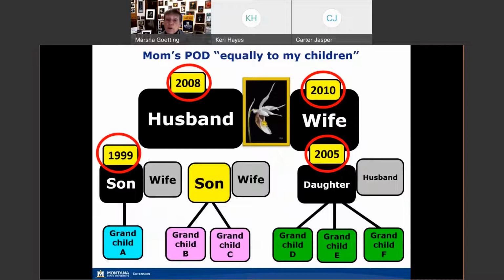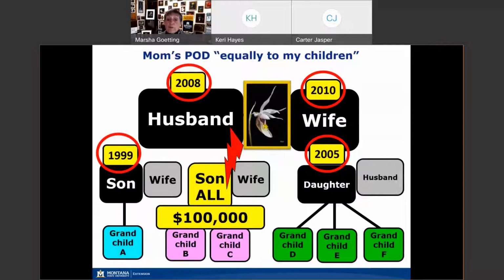Now, if mom would have put on there equally, she's writing a POD equally to my children, then what happens is that son receives it all. So the grandchild, or children in this case, do not receive any of that property.